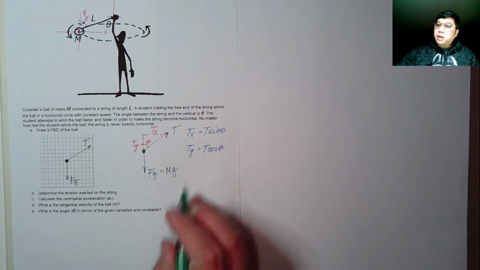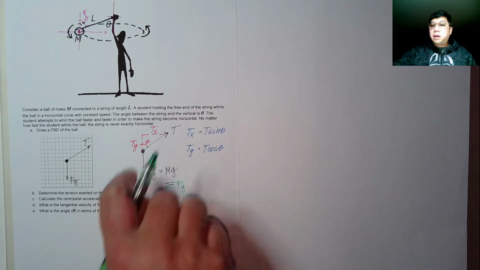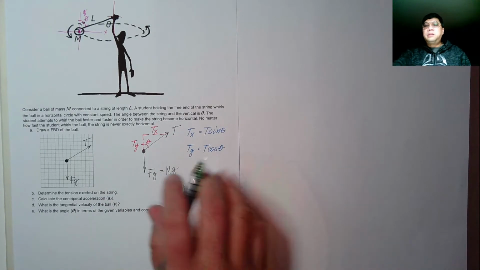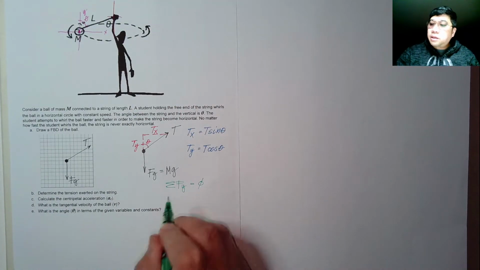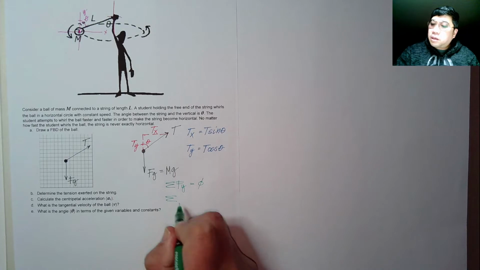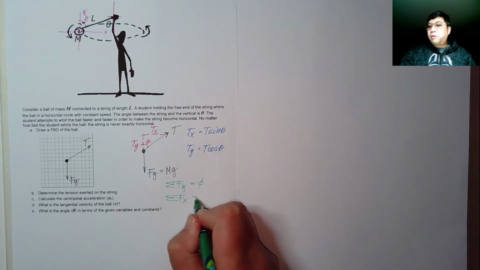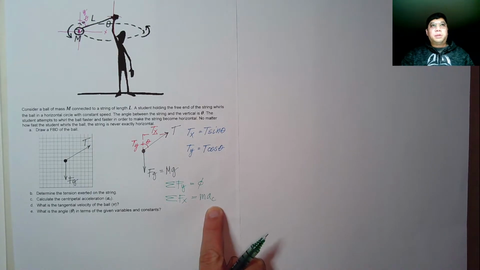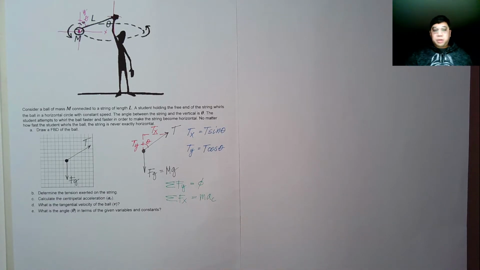So we can say that the summation of forces along the y-axis for our case here is simply equivalent to 0, while since the rotation axis is along the horizontal axis, along the x-axis it is simply equivalent to mass multiplied by the centripetal acceleration. Okay, so these are some of the conditions that we have established from our previous video.